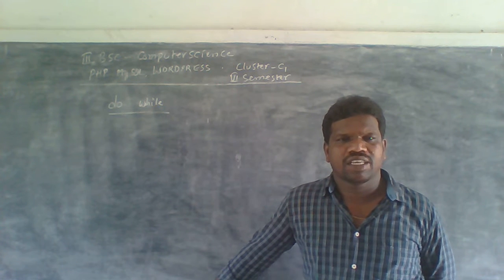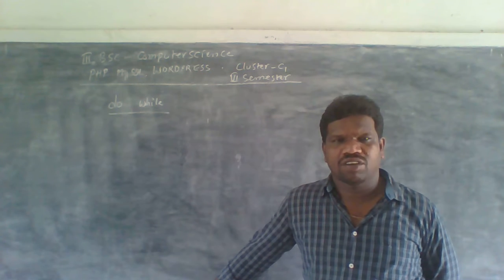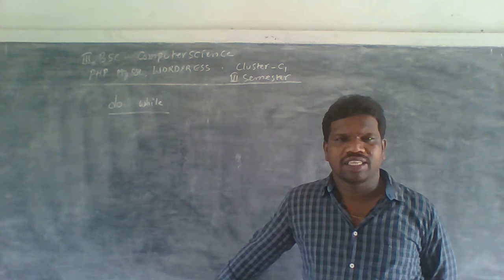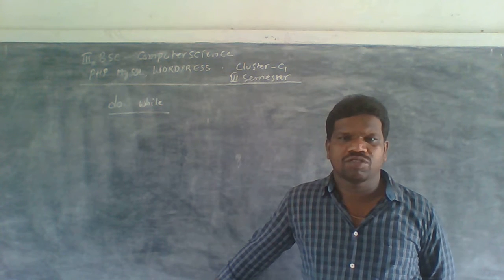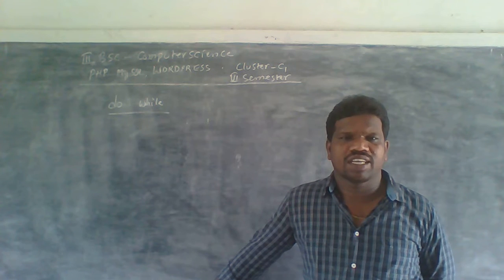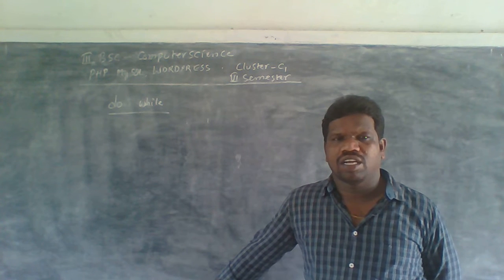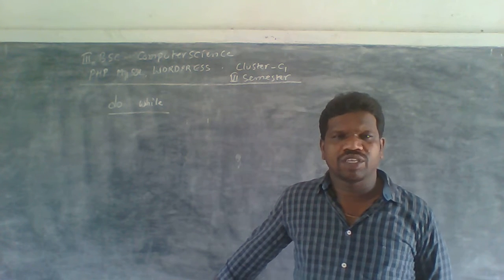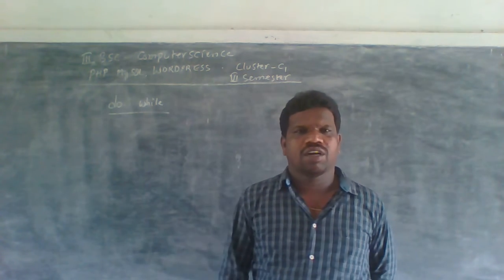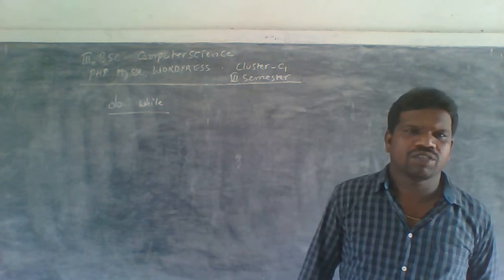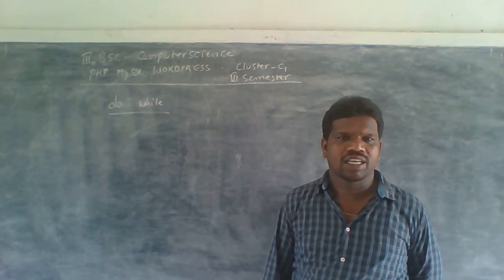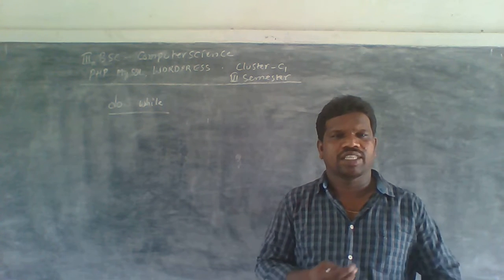Here there are three parts, and the loop will be executed from one to another. It starts from the condition, then executes the code, later executes the increment or decrement operator, and again checks the condition.